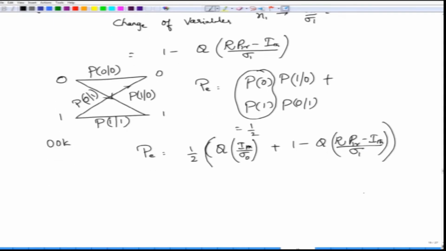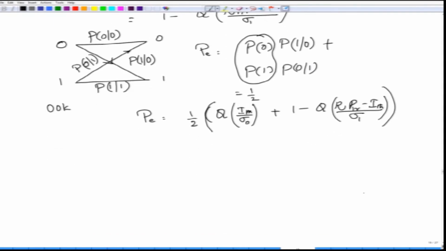So, this is what the probability of error is. With this as the probability of error, our next question is what value of ITH will minimize PE. What value of ITH should we choose such that the probability of error will be minimized?